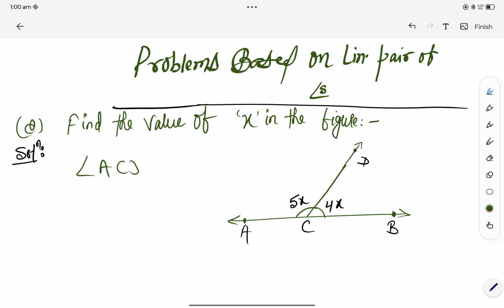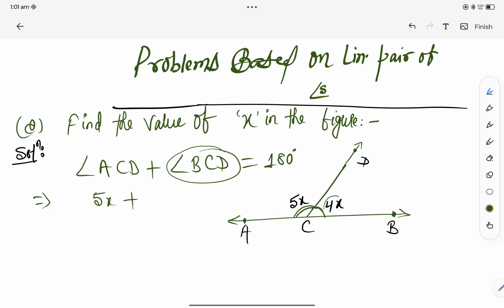ACD plus BCD is 180 degrees, as you know that the linear pair of angles is supplementary. And we have ACD is equal to 5x. So let us substitute 5x for ACD and BCD is 4x.